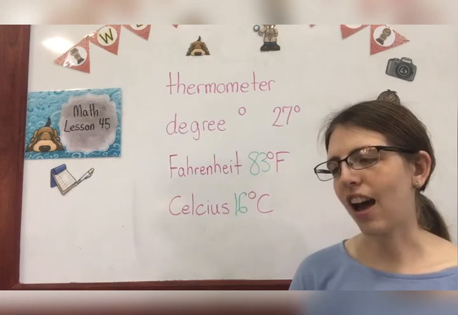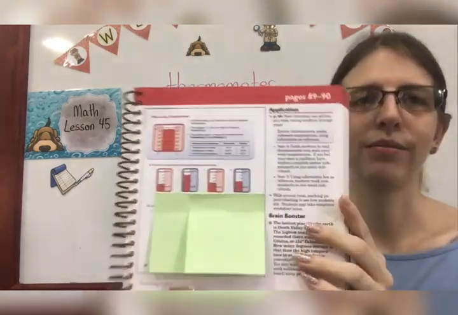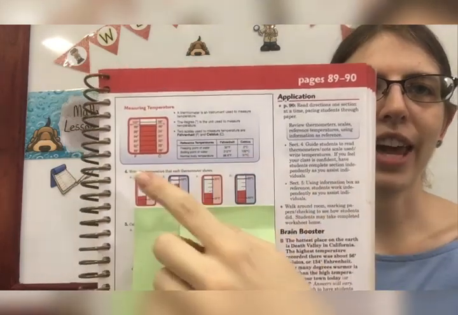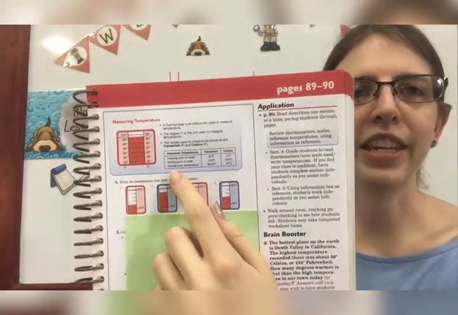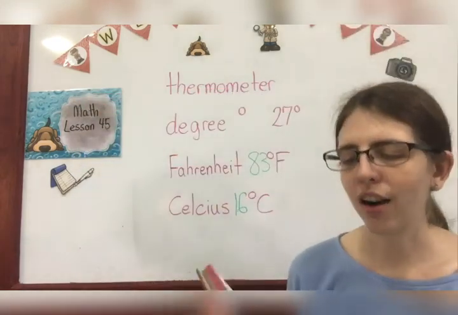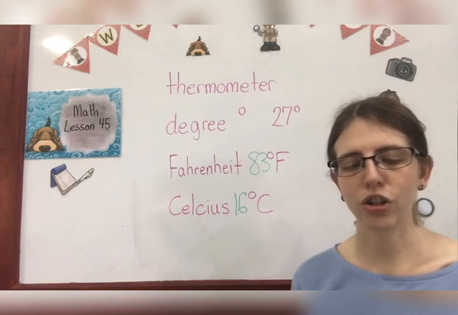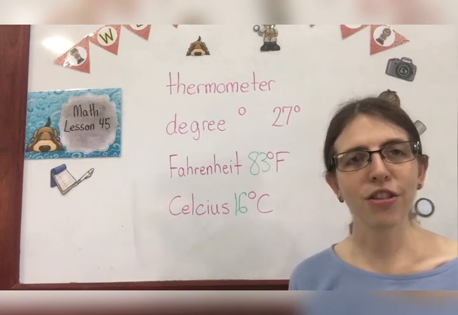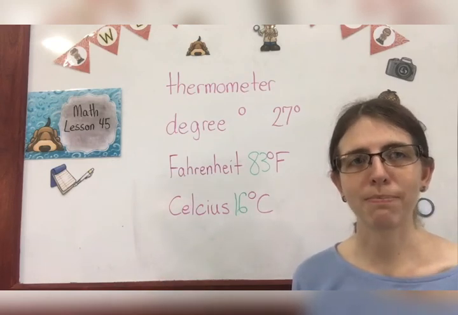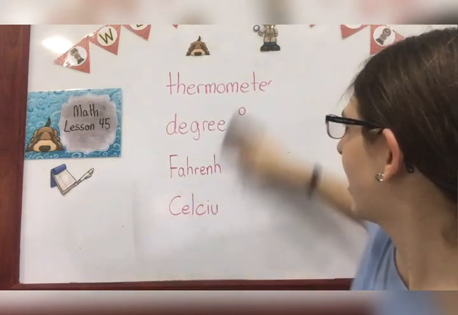At the box in the top of your paper, you have the temperatures that we just learned. Now for number 4, it says write the temperature that each thermometer shows. On your thermometer, thermometers count by 2s. So your thermometer does something like this.